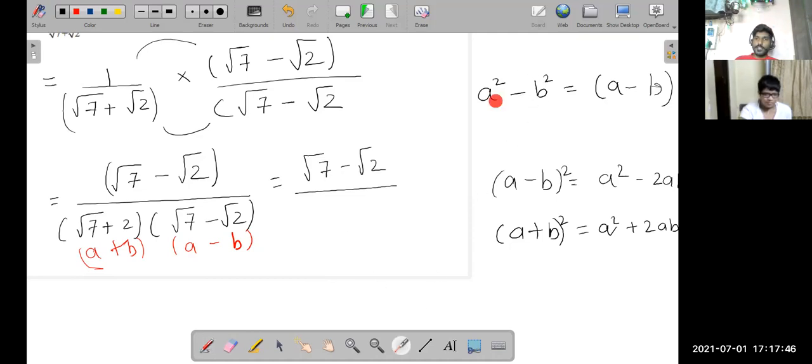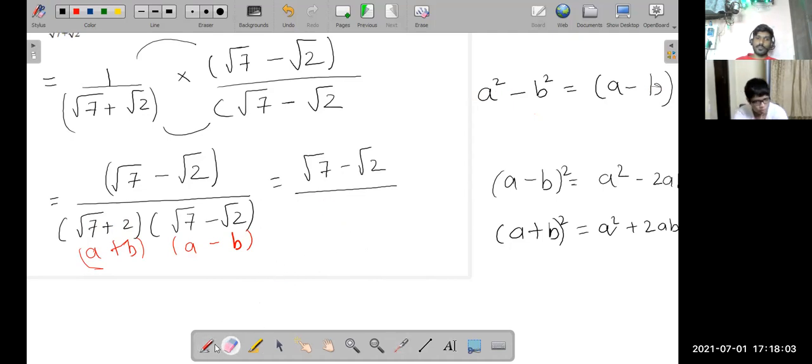This is a plus b, a minus b is equal to a square minus b square. So here a is root 7, b is root 2.